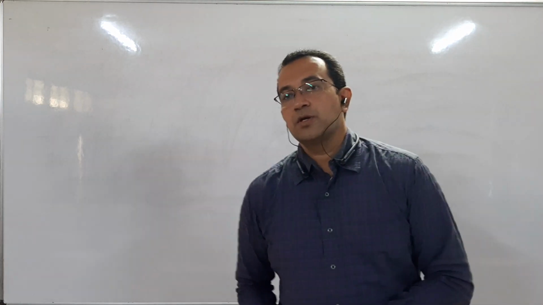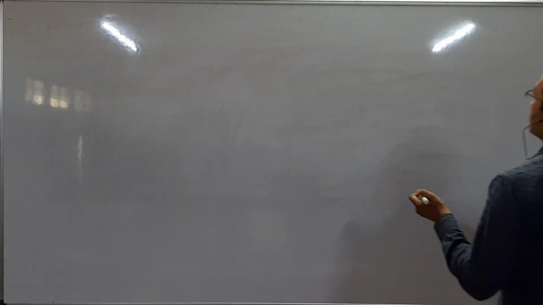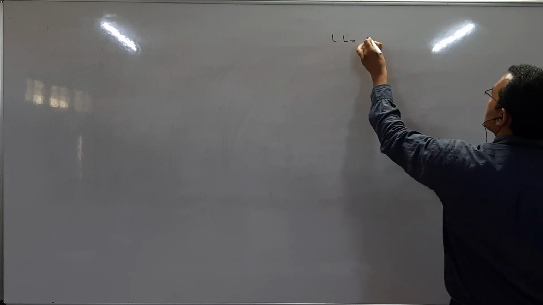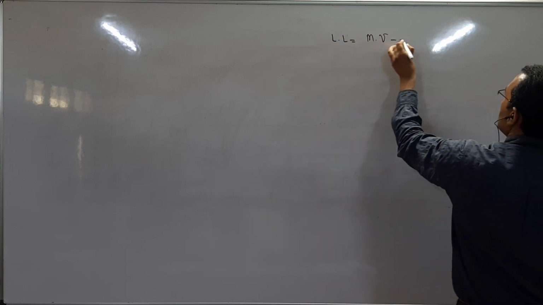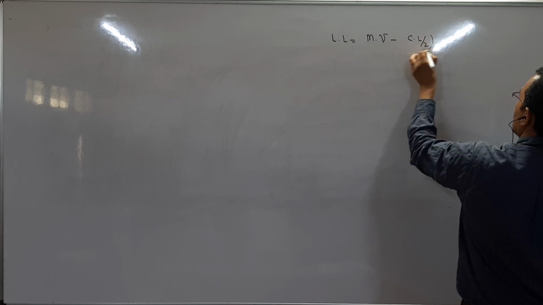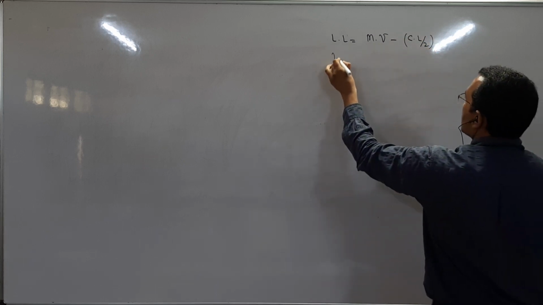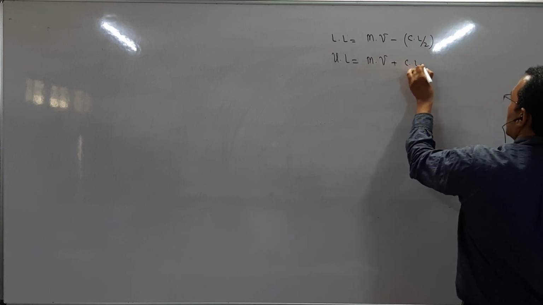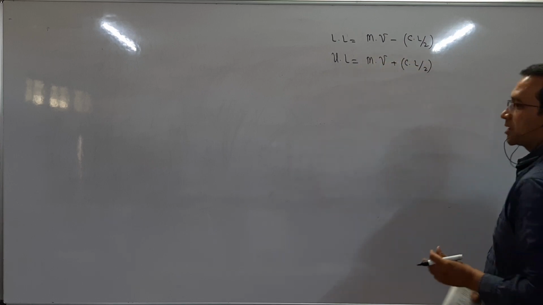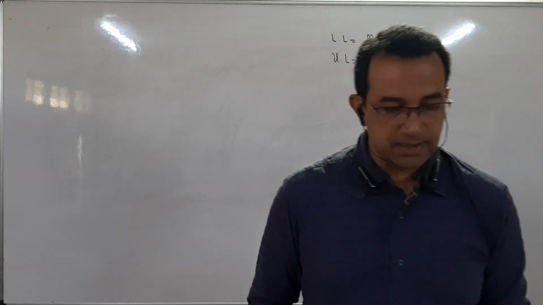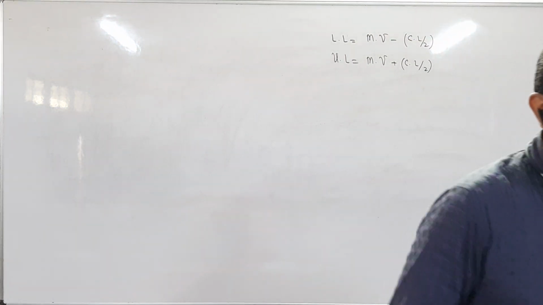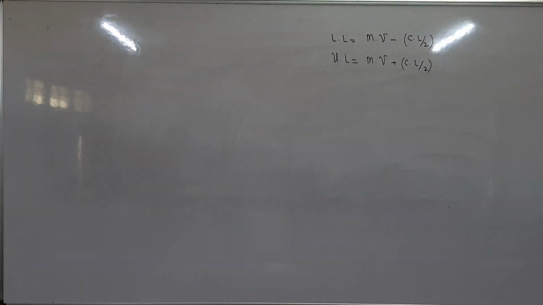Now recall this formula. Lower limit of a class is equal to mid value minus half the class length, and upper limit of a class is mid value plus half the class length. With this concept, this formula we are going to apply in sum number 8.